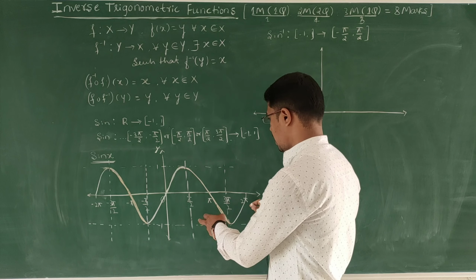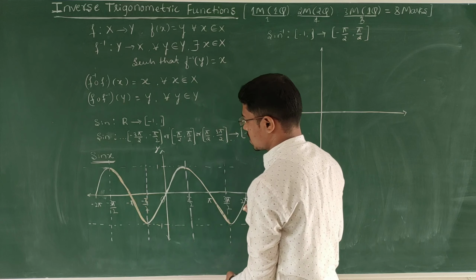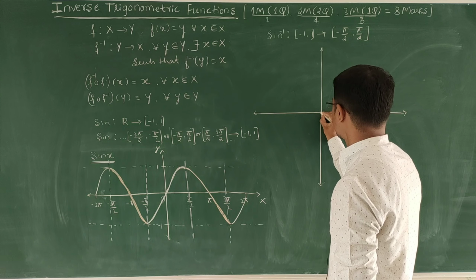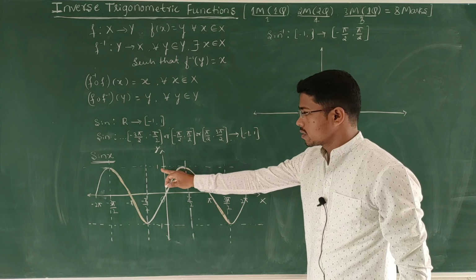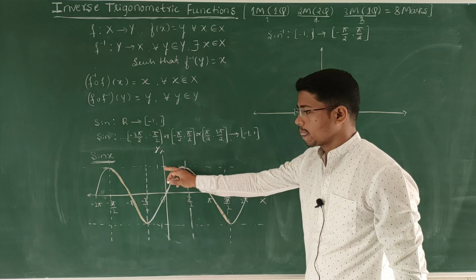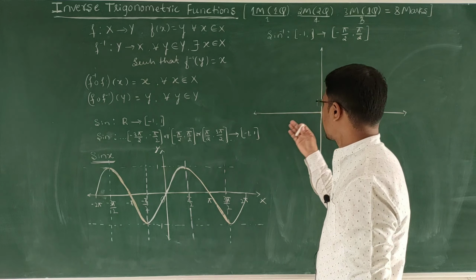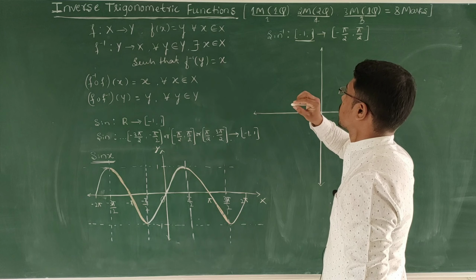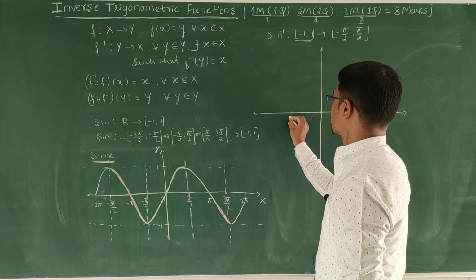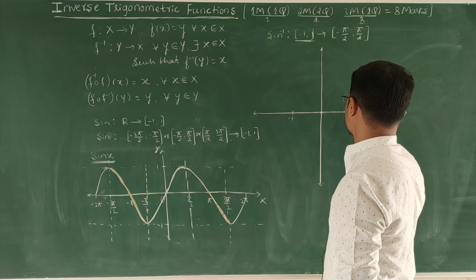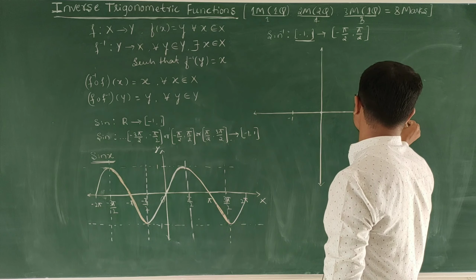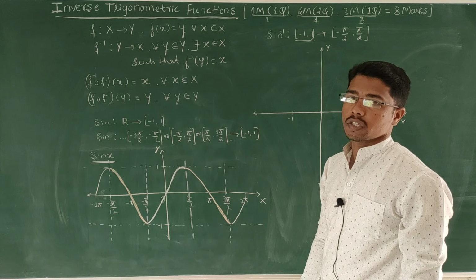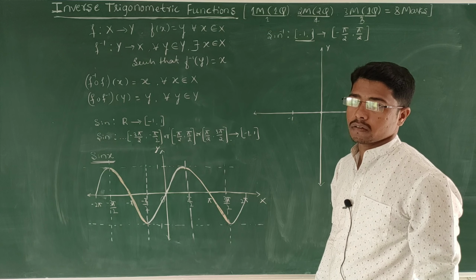So now I will make this the y-axis and this the x-axis. I have taken the values 1 and minus 1 on the x-axis because the input is minus 1 comma 1. So this is x, this is y. What I did here is just interchange the x and y-axis values.